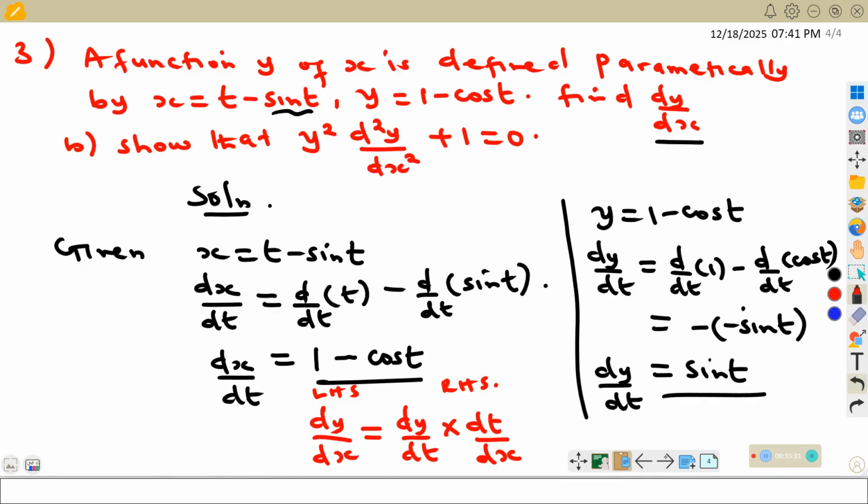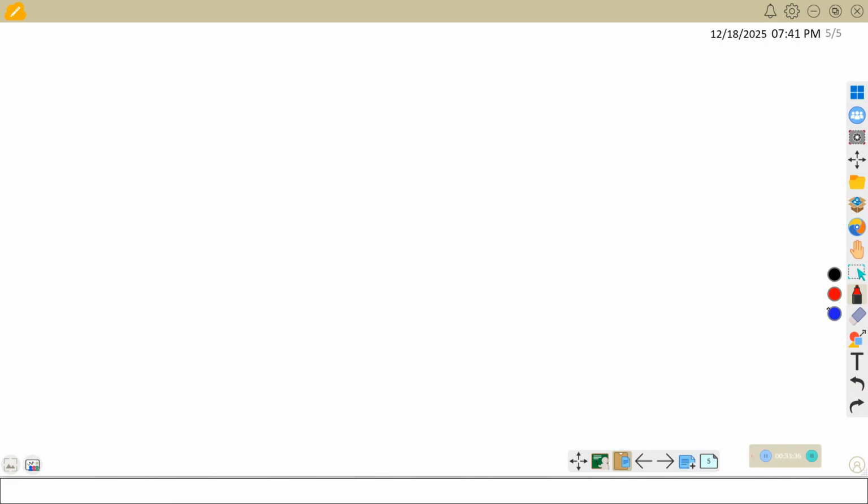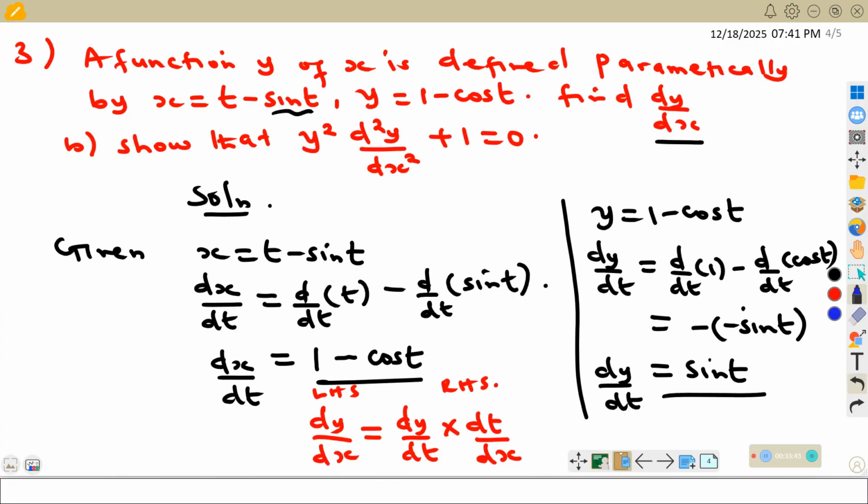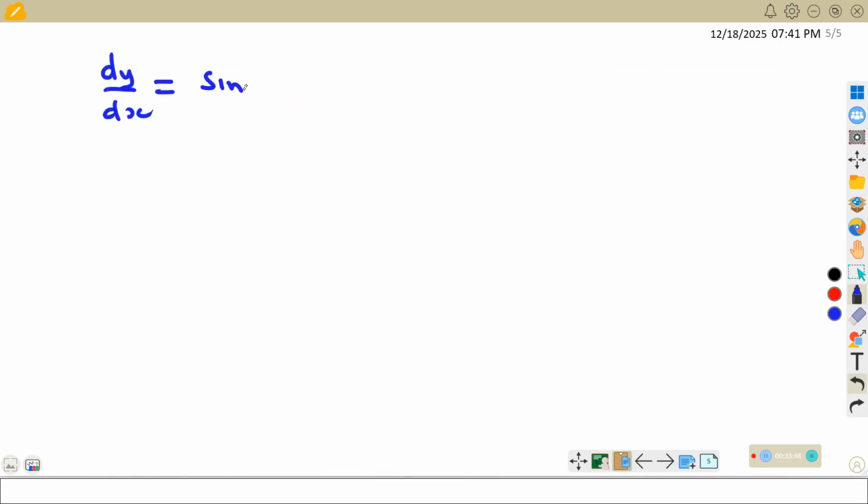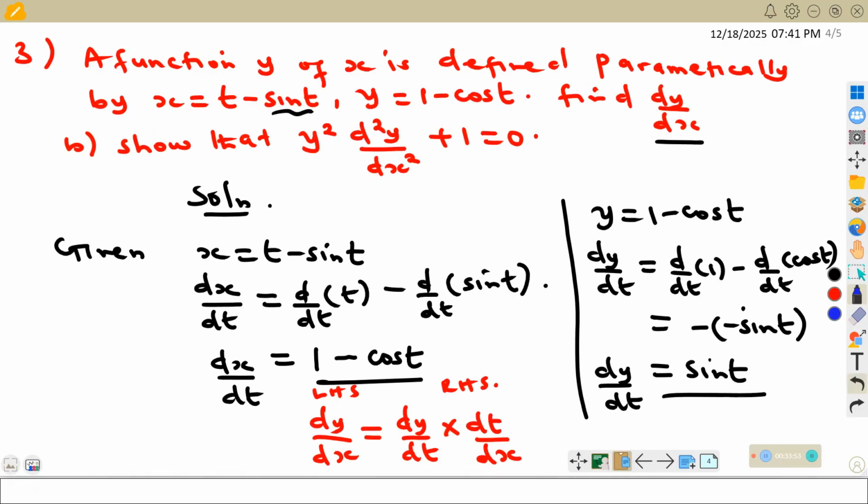So can we go on and get dy/dx? Our dy/dx will be dy/dt. dy/dt was sine of t. Then we are multiplying by dt/dx, which is the same as the reciprocal of dx/dt.